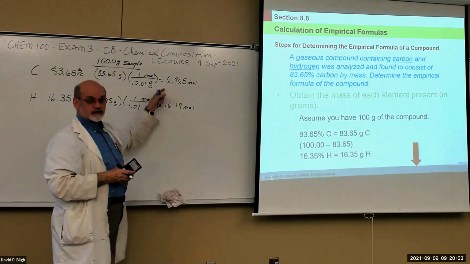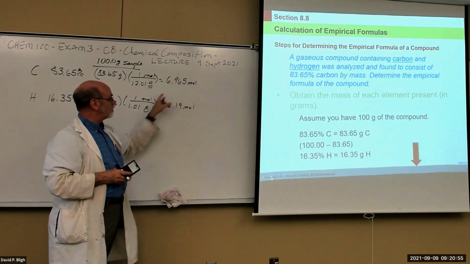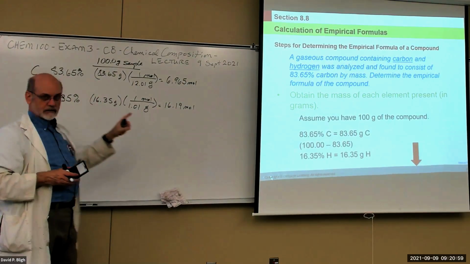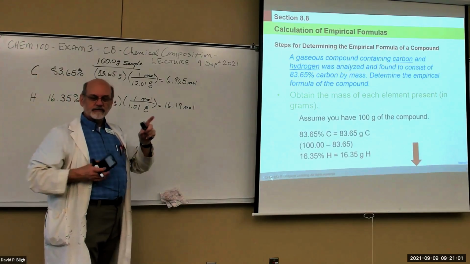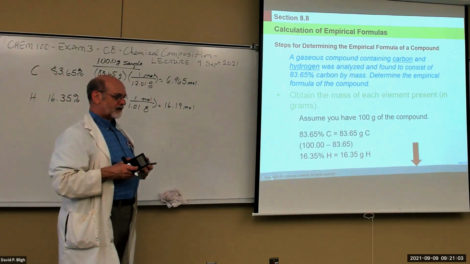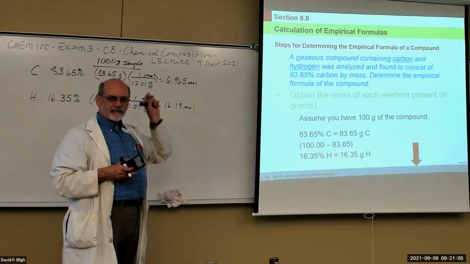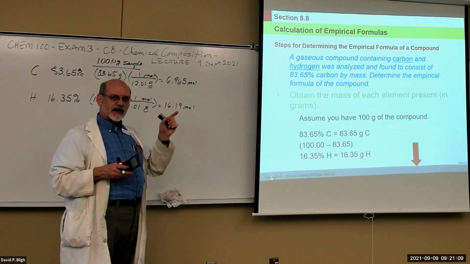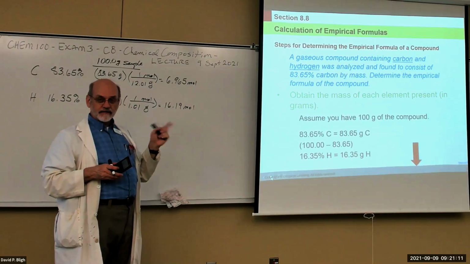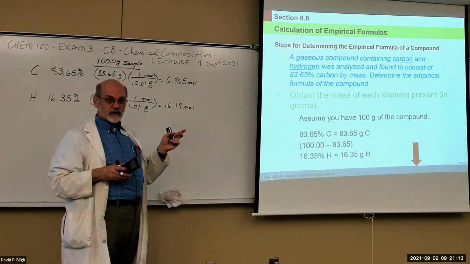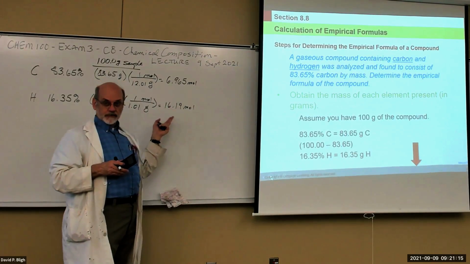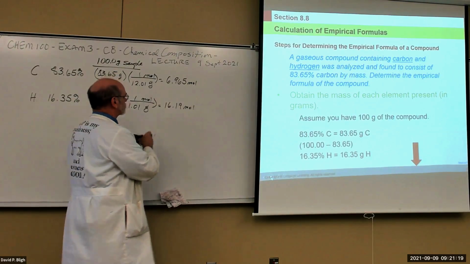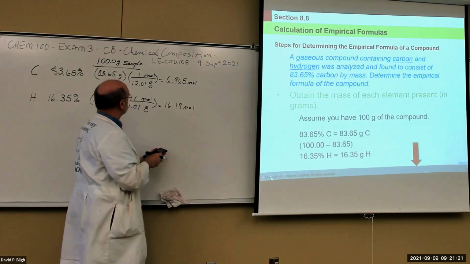The ratio is true. This number of moles of carbon to this number of moles of hydrogen is true. But we want to convert it to whole numbers. Think back to math courses. If you do the same thing on both sides of the equation, like divide or multiply by the same value, then you still got the same ratio. So if we divide this one, let me do that calculation.